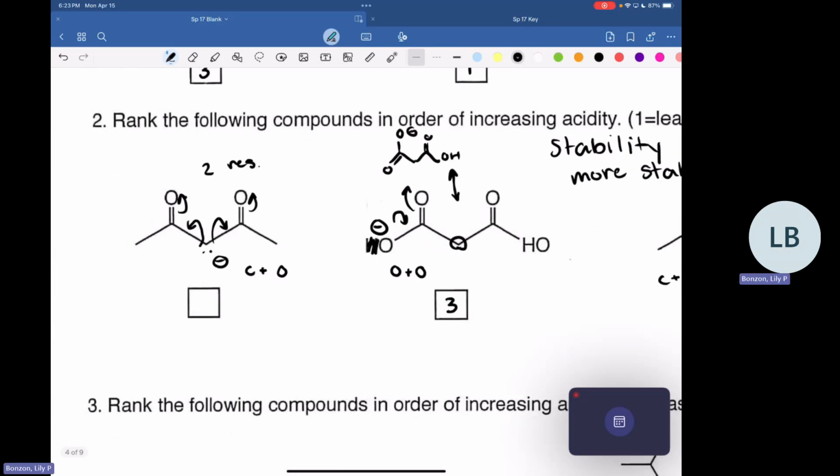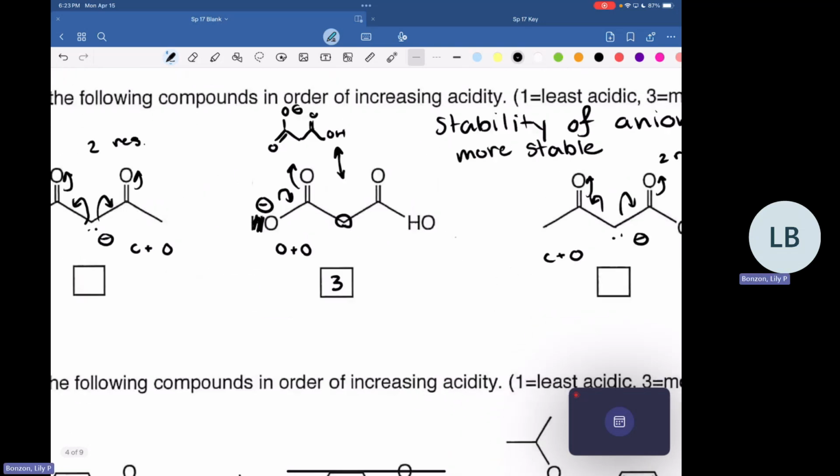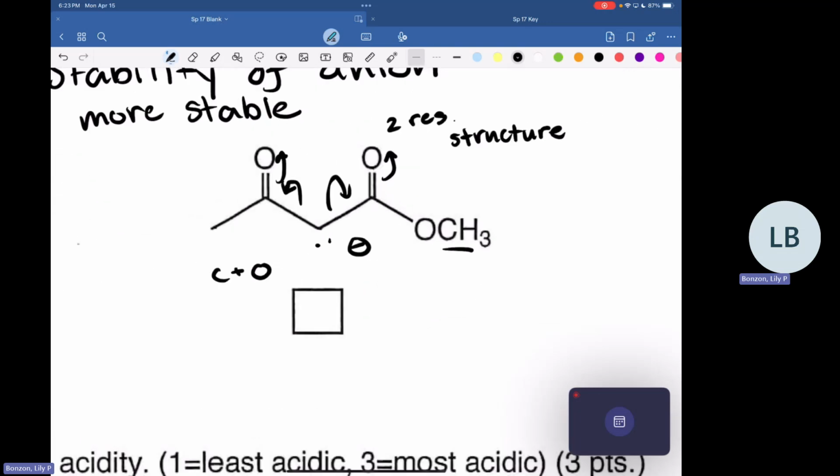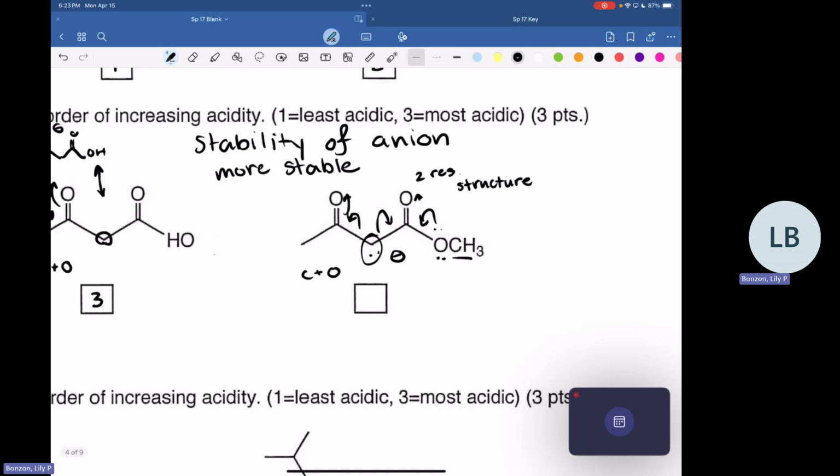We just have to compare the left and the right. On the left, there's not much going on other than the resonance structures we already drew. Over here, though, we have this ester oxygen, which is going to donate towards the ketone. That decreases the acidity of this carbon, kind of like what we looked at in the last question.